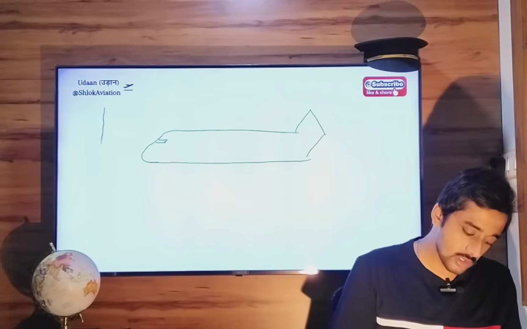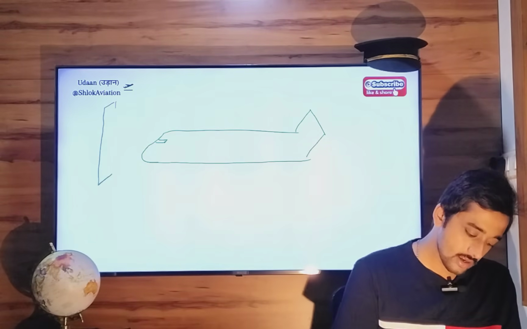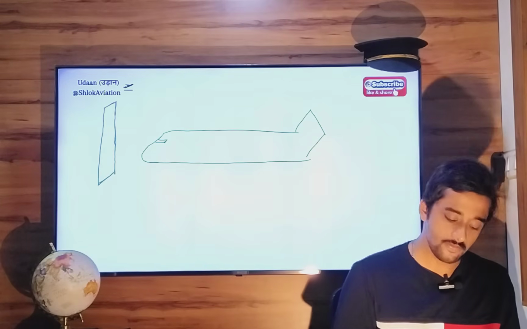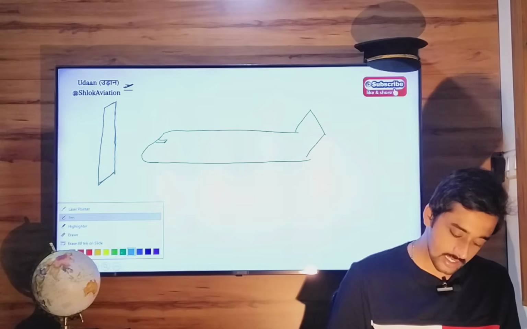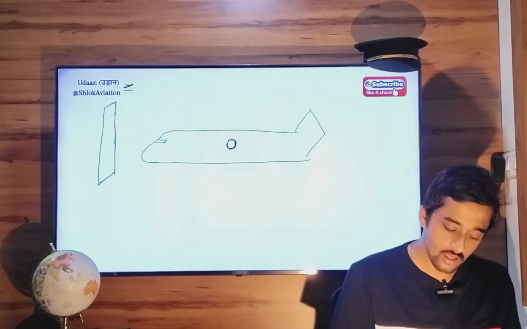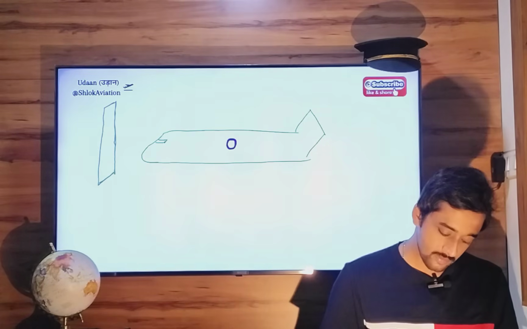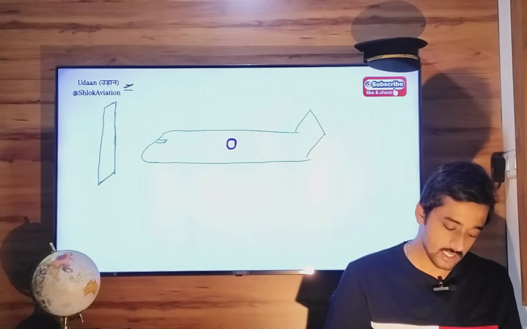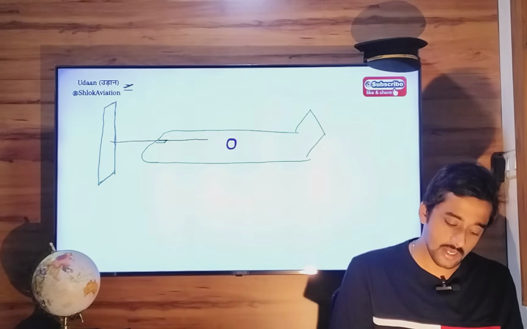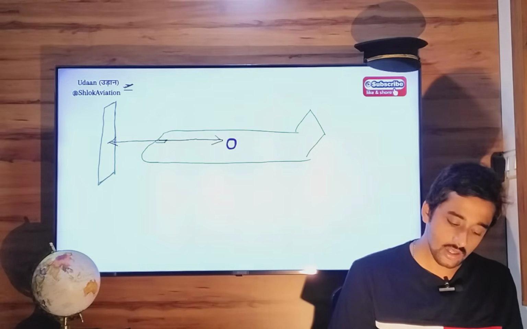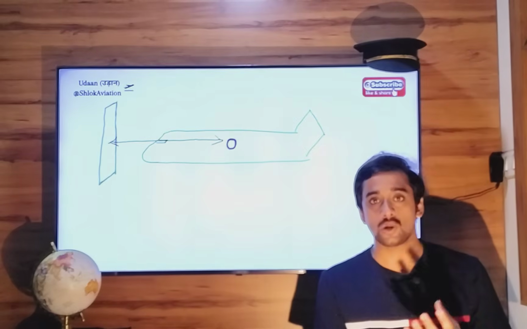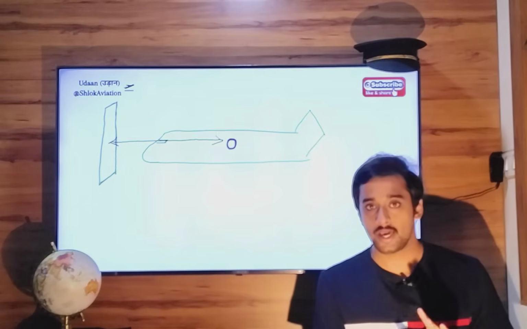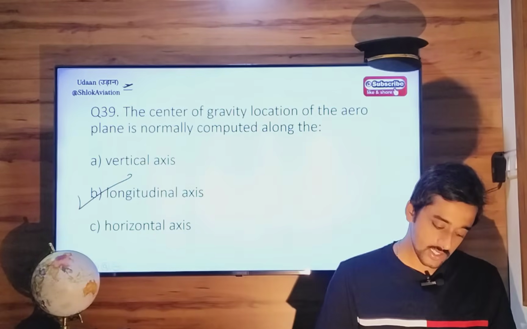Let's say it is here, outside your aircraft, and this is your datum, and the center of gravity is somewhere here. So all your measurements of center of gravity will be done with respect to this datum longitudinally along the longitudinal axis. What is longitudinal axis? It is the axis passing through the nose and tail of your aircraft. So the correct answer is Bravo.